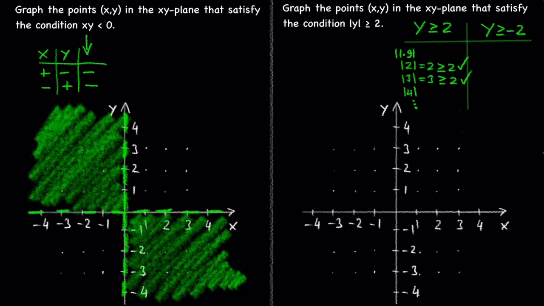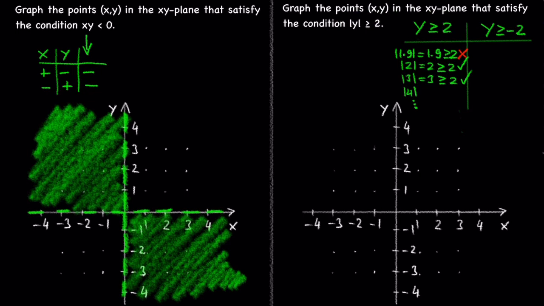The absolute value of 1.9 is 1.9, but 1.9 is not greater than or equal to 2. So the absolute value of y is greater than or equal to 2 when y is greater than or equal to 2. So this is correct.